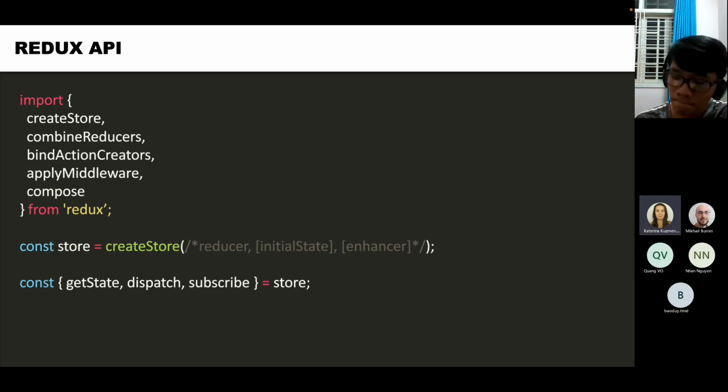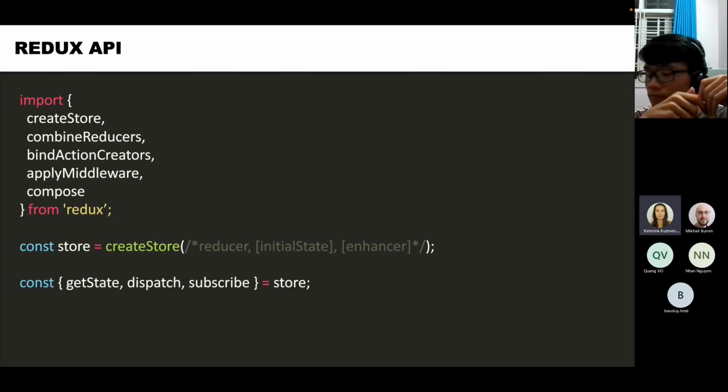If you produced your reducer with combineReducers, we will take a look at this a bit later, this must be a plain object with the same shape as the keys passed to it. Otherwise, you might put anything that your reducer can understand.